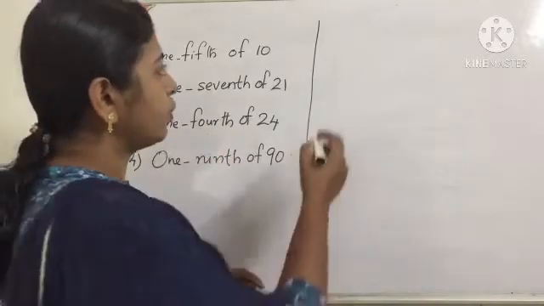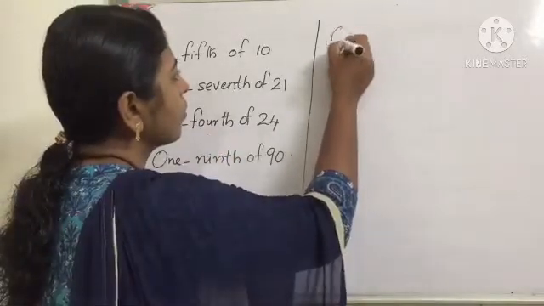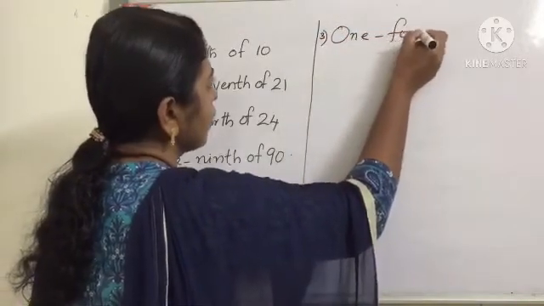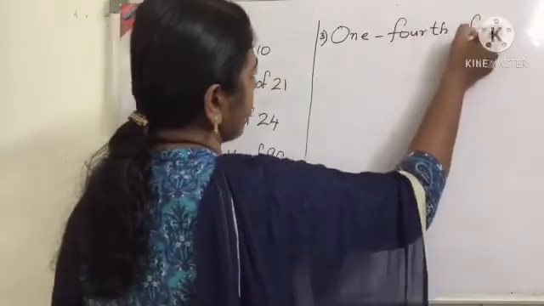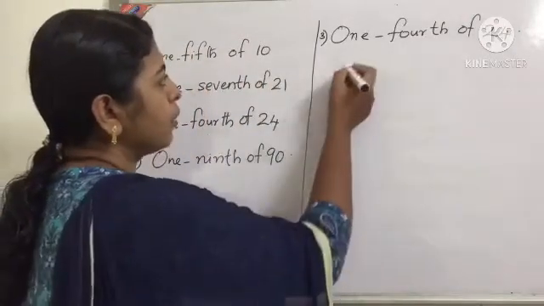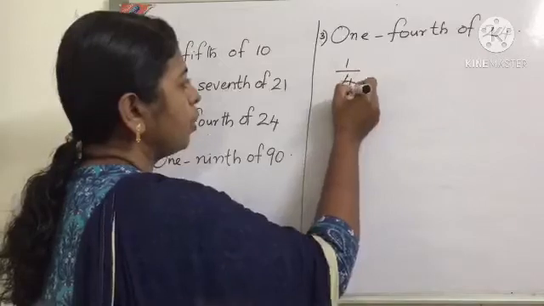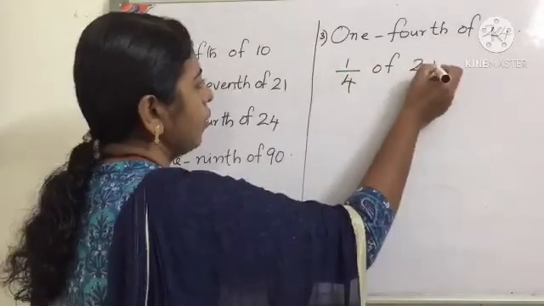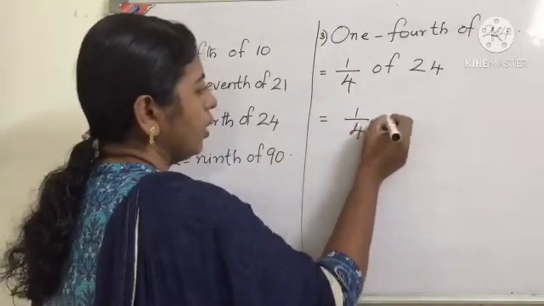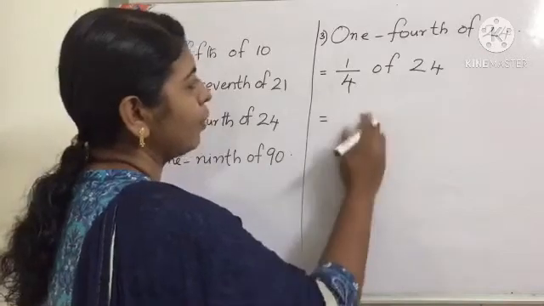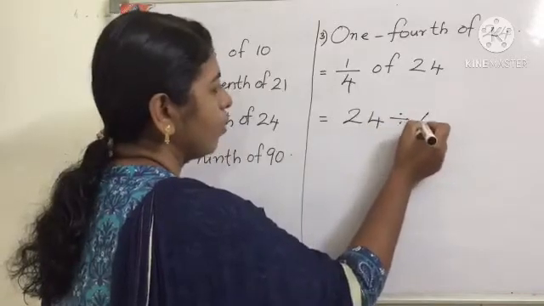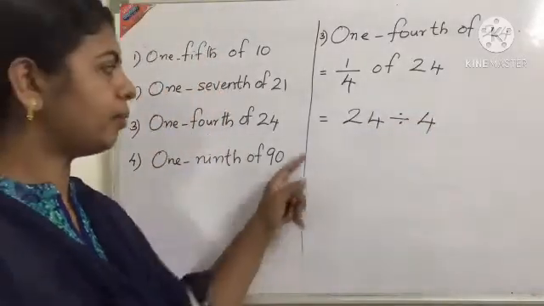1/4 of 24. Then how can we write 1/4? It's 1 by 4 of 24. 1 by 4 of 24 we can write as 24 divided by 4.